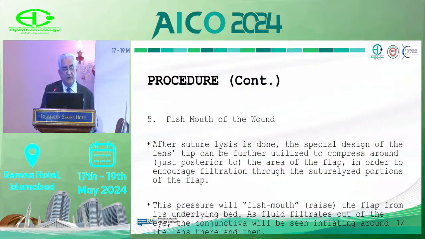The special design of the lens tip can be further utilized to compress just posterior to the area of the flap in order to encourage filtration through the suture lysis portion of the flap. This pressure will fish mouth the flap from its underlying bed. As fluid filters out of the eye, the conjunctiva will be seen inflating around the lens there and then.